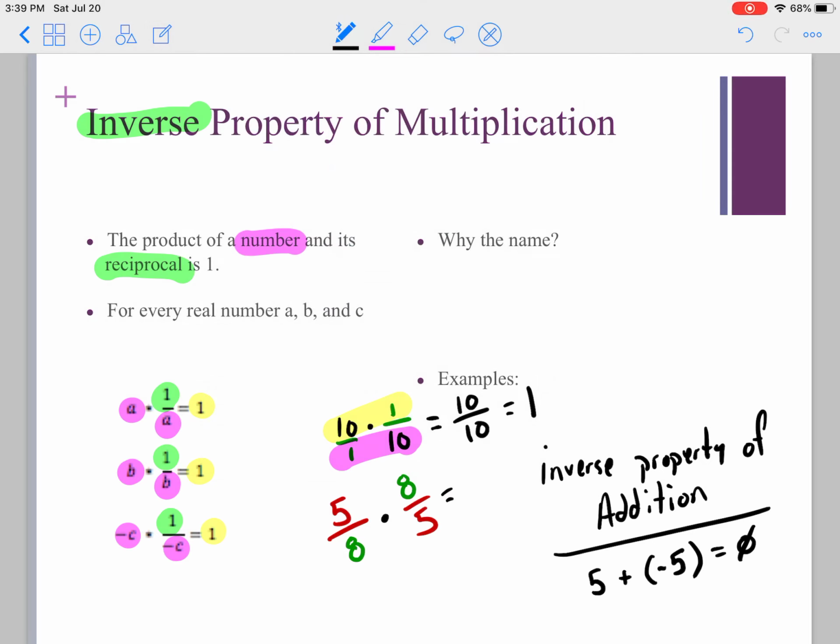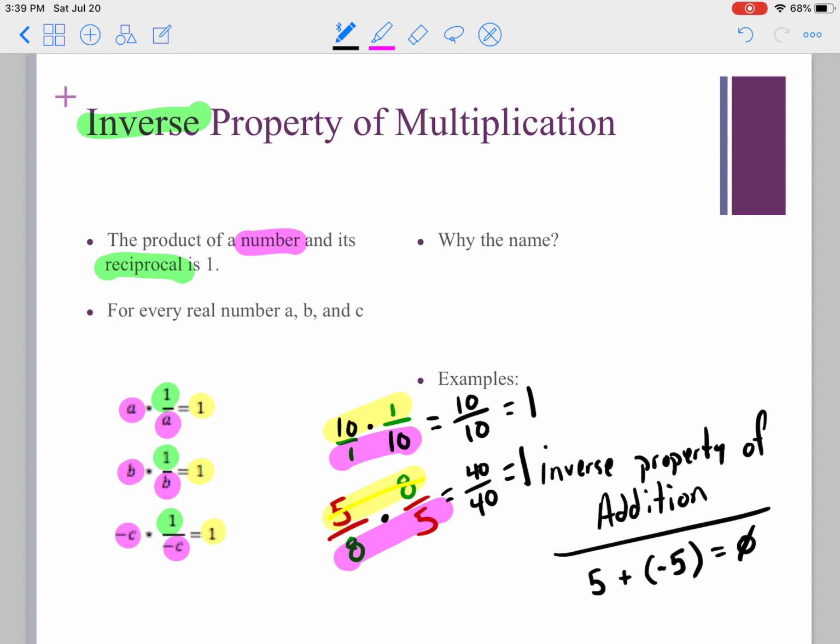We're going to multiply the 5 times the 8, and we're going to multiply the 8 times the 5. Well, 5 times 8 is 40. 8 times 5 is 40. 40 divided by 40 is equal to 1.